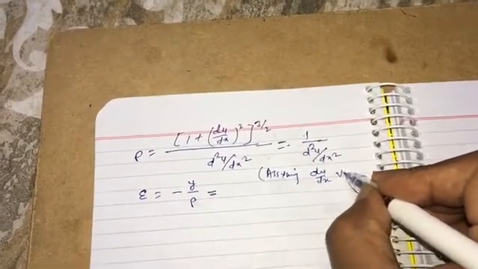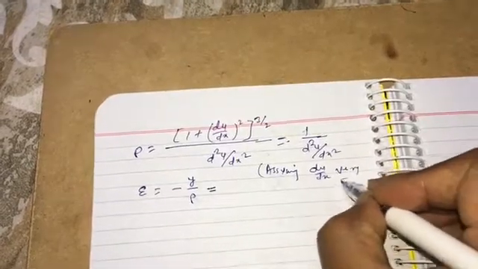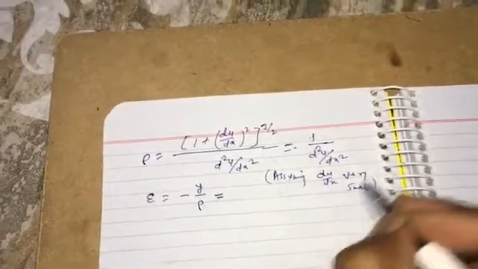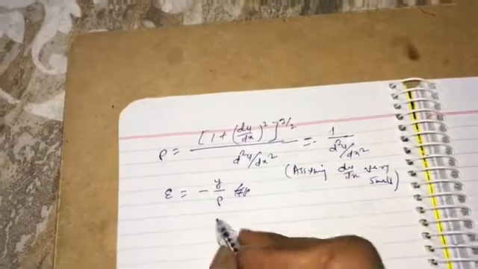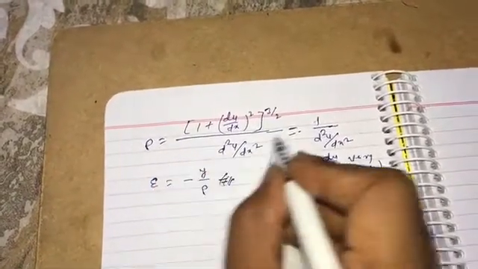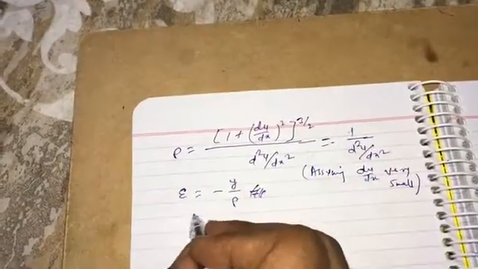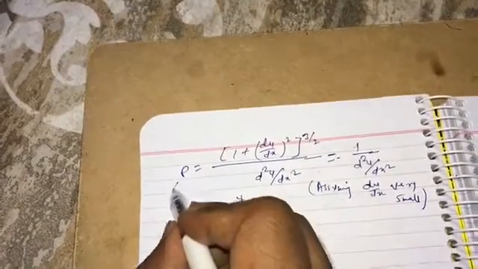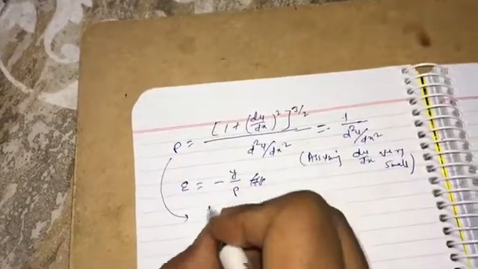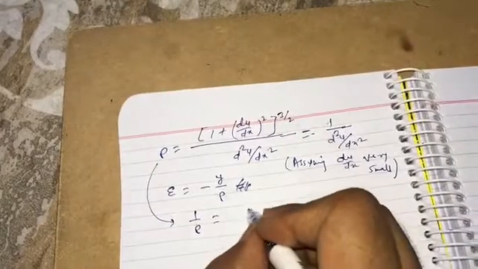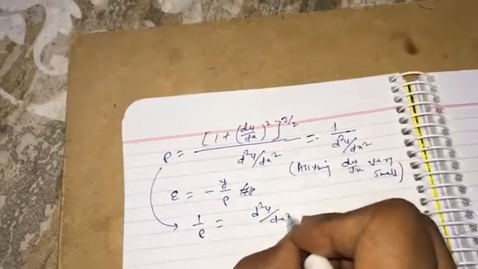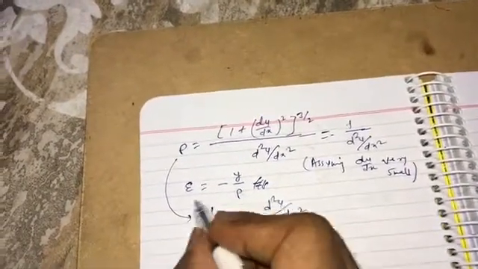So from here we get 1 over rho is equal to d square u over dx square.